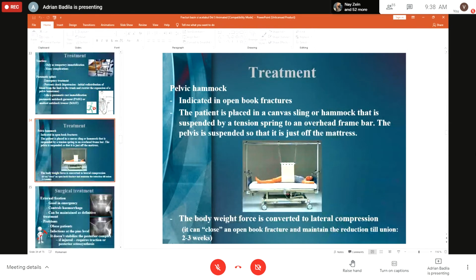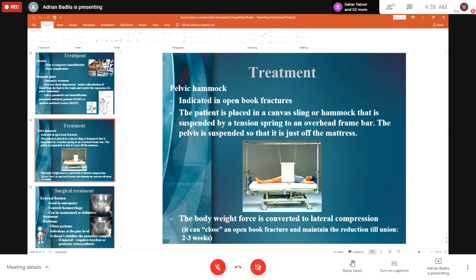The pelvic hammock is indicated in the open book fractures, and the patient is placed in a canvas sling or a hammock. This is the hammock. And this hammock is suspended by a tension spring to an overhead framing bar. We have here the framing bar. And the pelvis is suspended so that it is just off the mattress.